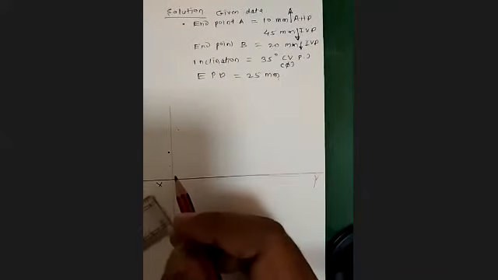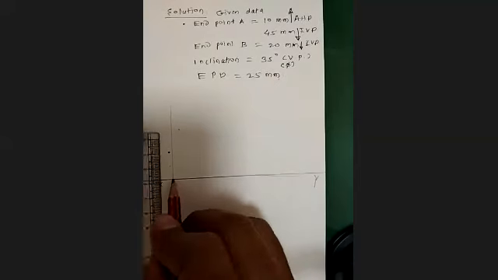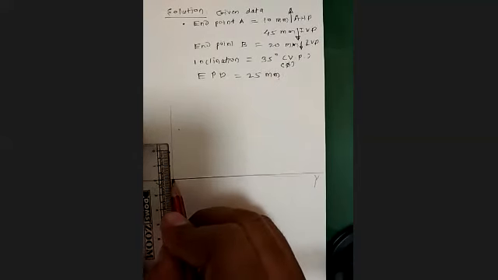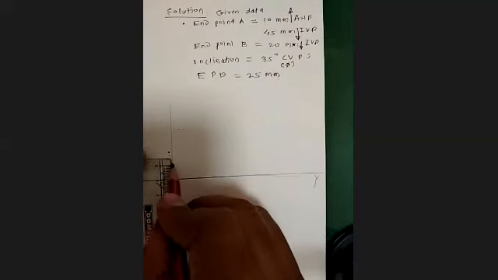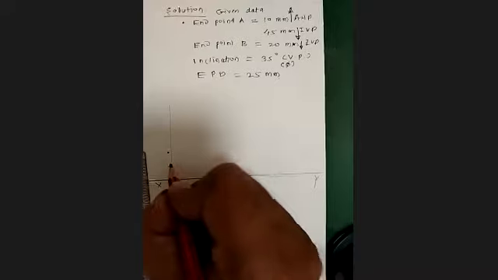So here, 10 millimeter above HP. So I can get the first point, 10 millimeter. This will be the point. Then 45 millimeter in front of VP. I will take 45 millimeter in front of VP.